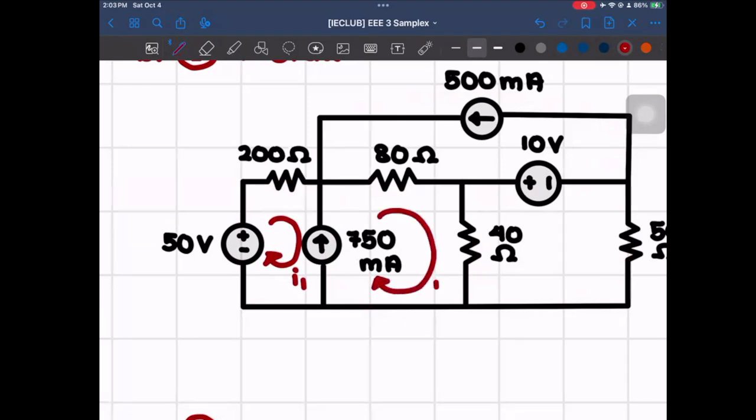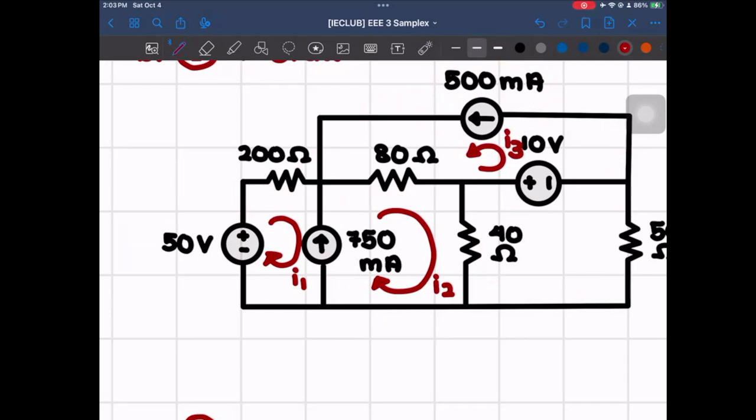This one will be I2. And then at the top, we actually have a current source of 500 mA that's already going to the left. So what I would do here is put the direction of our mesh current going to the left as well, and that's going to be I3.